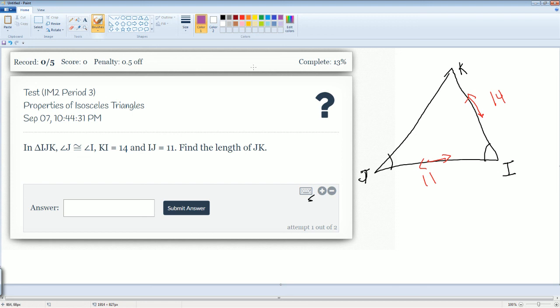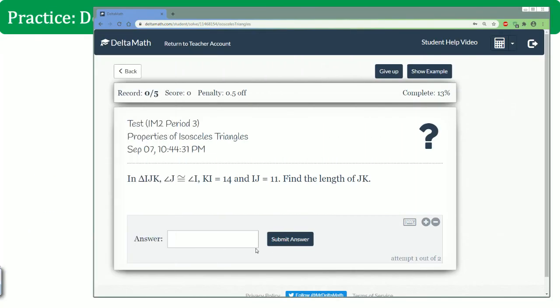Notice that this angle J tells you about this side, which is equal to 14. This is also congruent. So if this side is 14, this side also has to be 14. So we write 14 here.